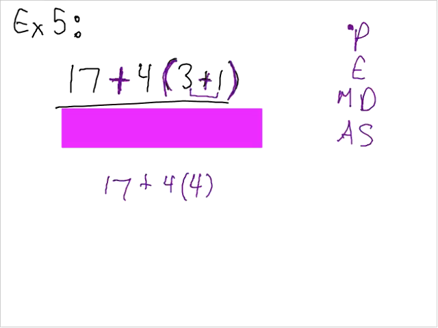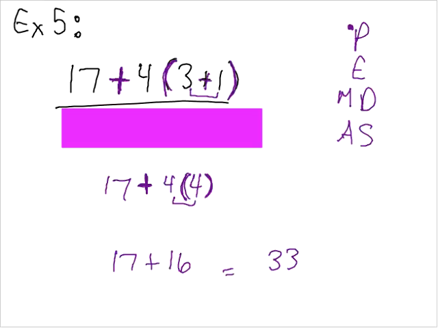Okay, now what would come next? I have an addition, and I have a multiplication. What do you guys think? Multiplication or addition? Perfect. We're going to do multiplication first. 4 times 4 is 16. And 17 plus 16 is 33.